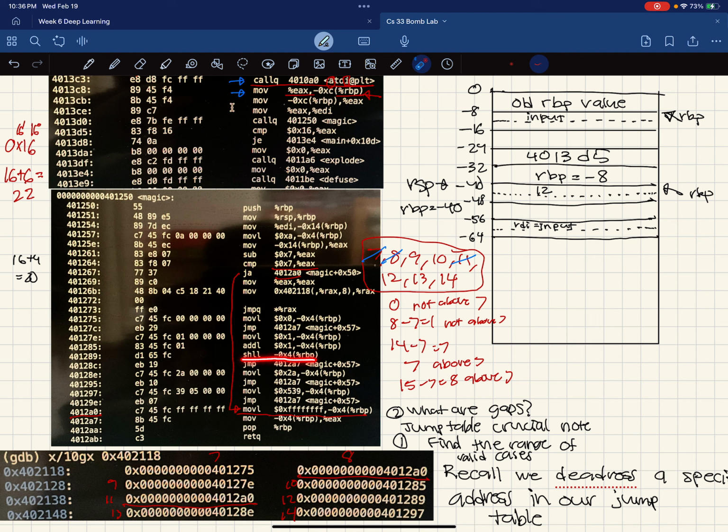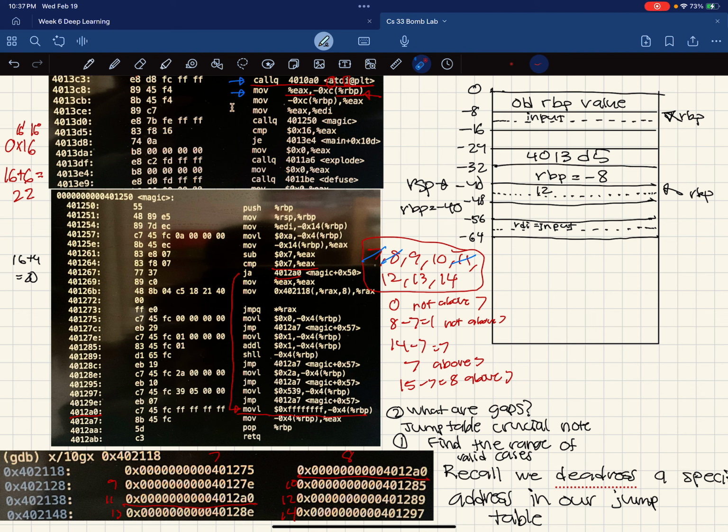shift it left by, or what does this do? SHLL. So I'm pretty sure this will multiply it by 2. But let's just make sure it does that.